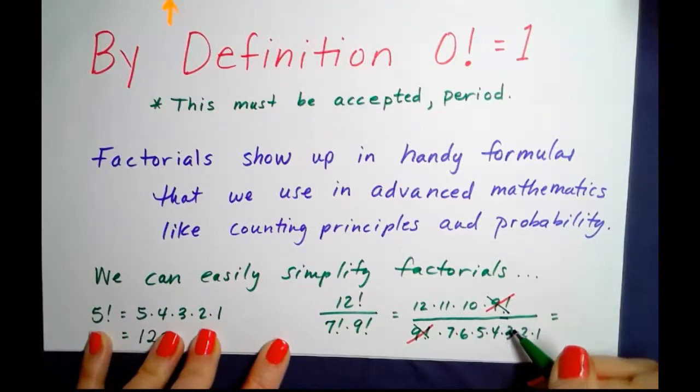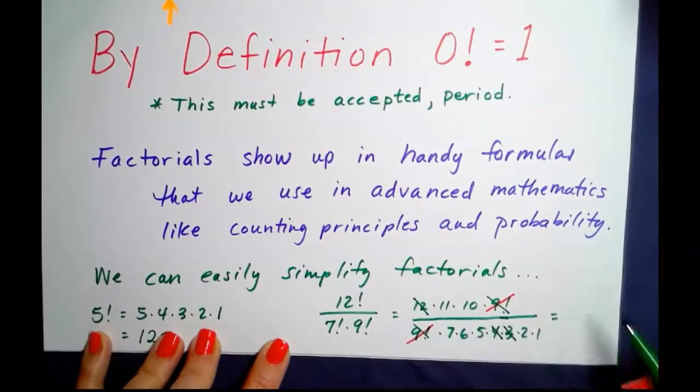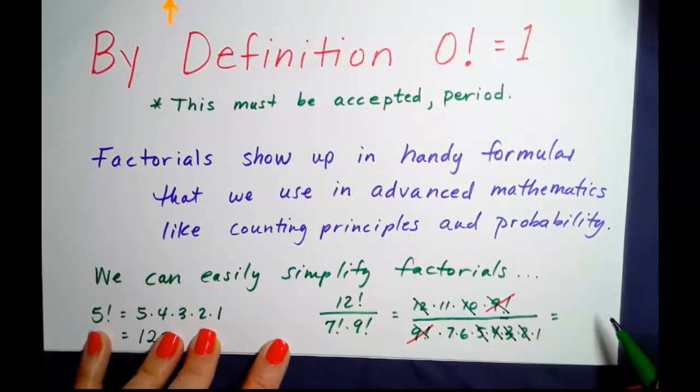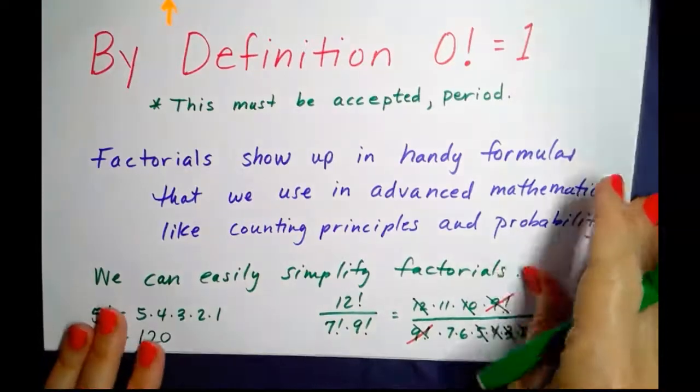And then we've got 3 times 4 is equal to 12. 2 times 5 is equal to 10. And here we are left with 11 over 42. So lots of times there's no need to go to the calculator if we'll just stop and think for just a moment and take a good look about what is actually going to cancel.